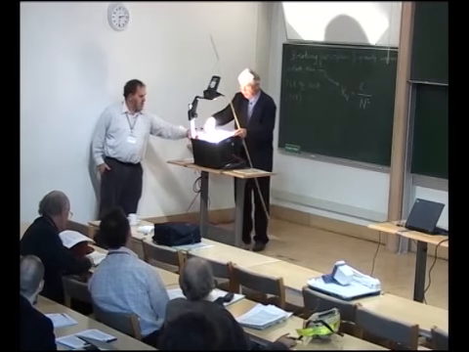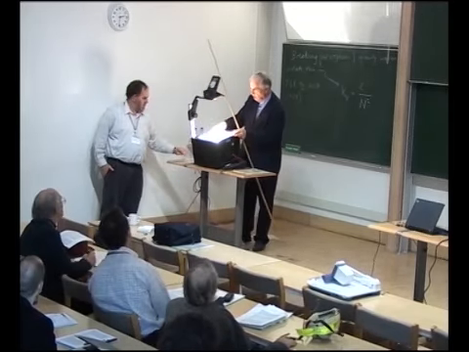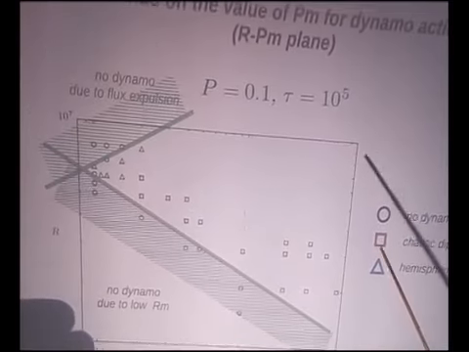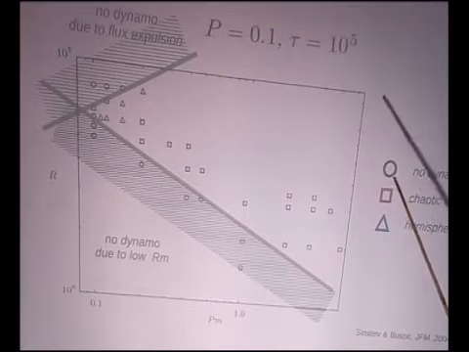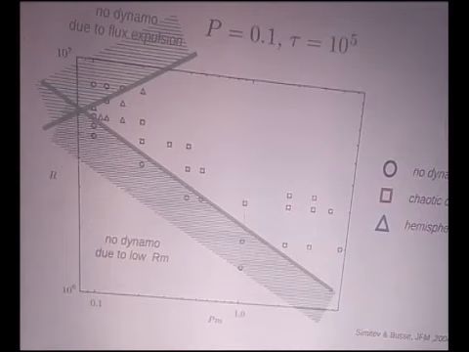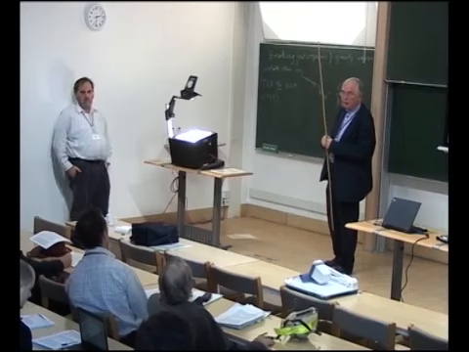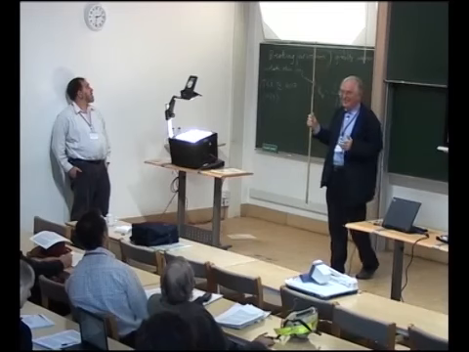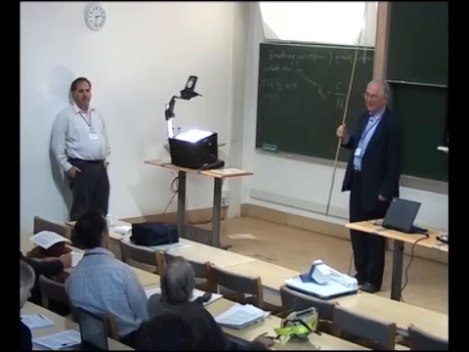What was the lowest magnetic Prandtl number at which you find a dynamo? The lowest magnetic Prandtl number was about 0.1 in this case. But of course, if we could go to higher rotation rates, this was done for tau equals 10 to the 5, and if we could go to higher taus, then we might go to lower magnetic Prandtl numbers and still find dynamos.